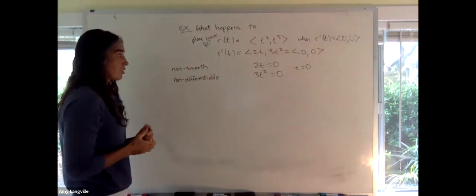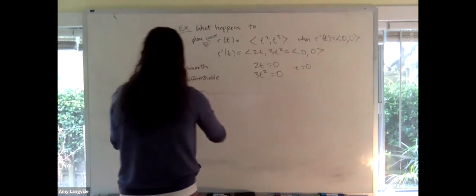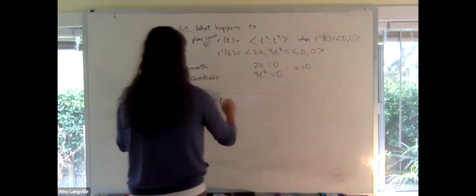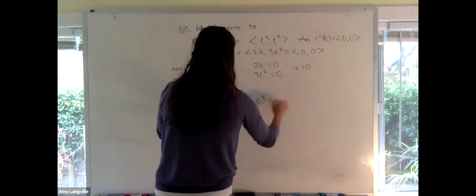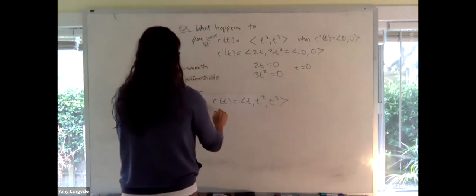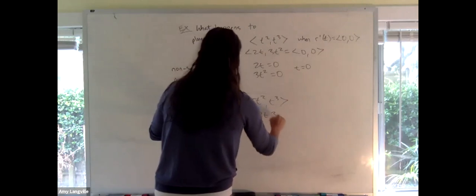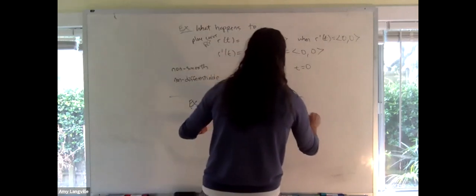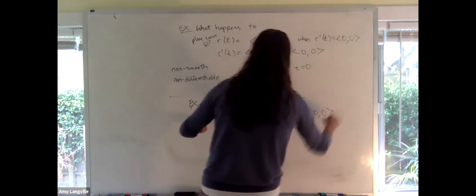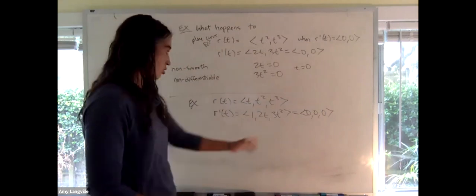So we'll see that visually, but for a moment, let's go back to that twisted cubic that we also had in that previous example. r of t was t, t squared, t cubed. The derivative was 1, 2t, 3t squared. If we tried to set that derivative to the 0 vector, which again is 3-dimensional, there's no value. You can look at that right away and say there's no value of t.